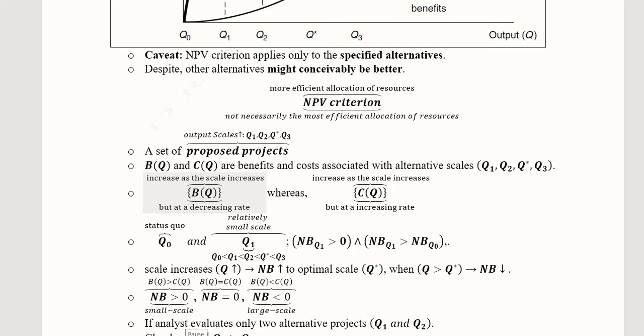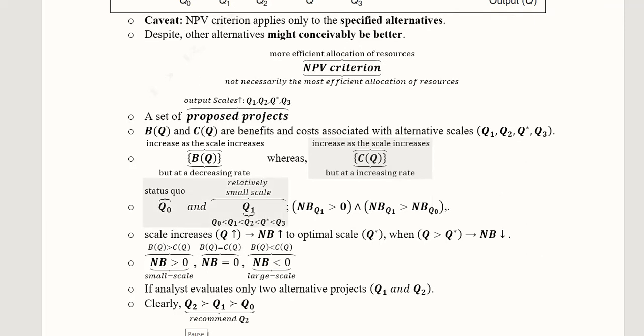BQ is increasing at a decreasing rate, CQ is increasing at an increasing rate. Q0 was at status quo, Q1 was at relatively small scale, and those small scale alternatives were these. As you can see, their order is given.